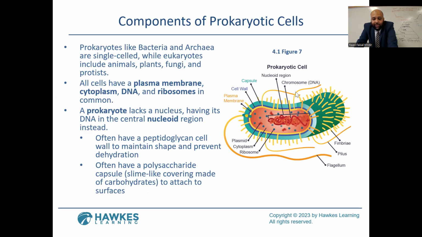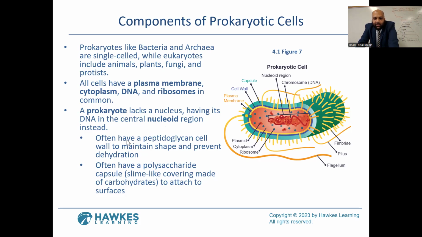So remember that. These prokaryotes don't have a nucleus, and they have DNA in a central region known as the nucleoid region, but it's not even a nucleus. Don't mix up nucleus with nucleoid.